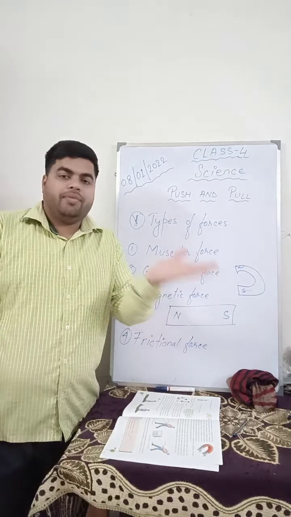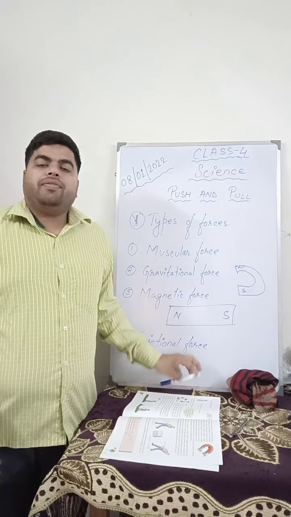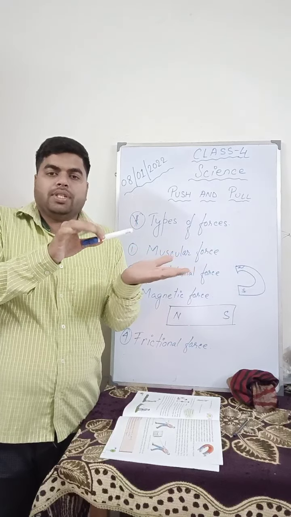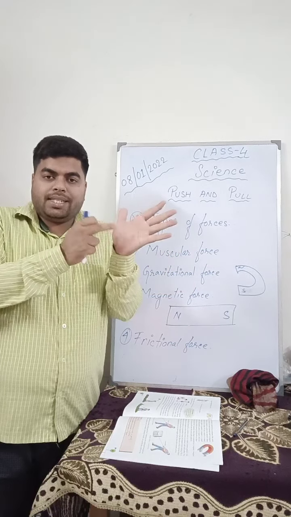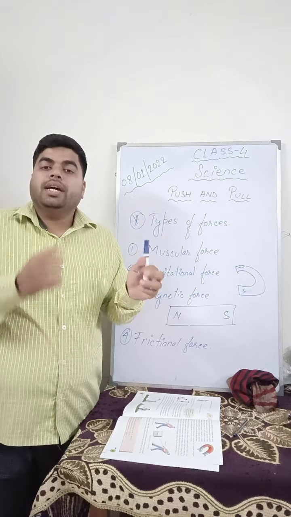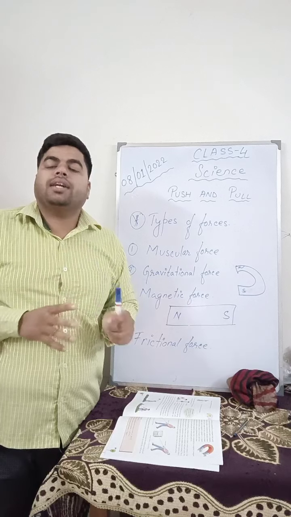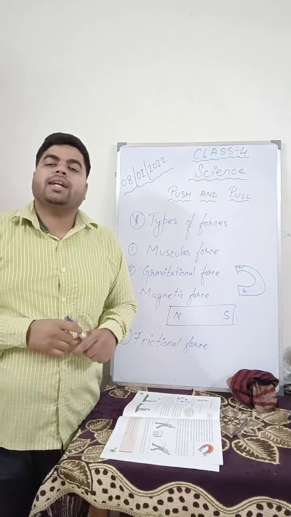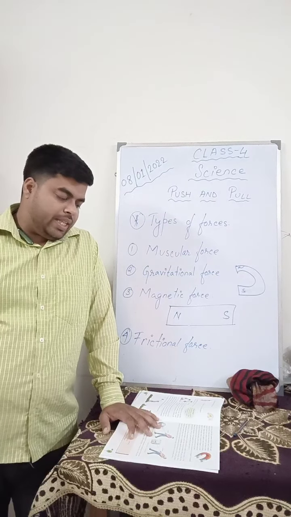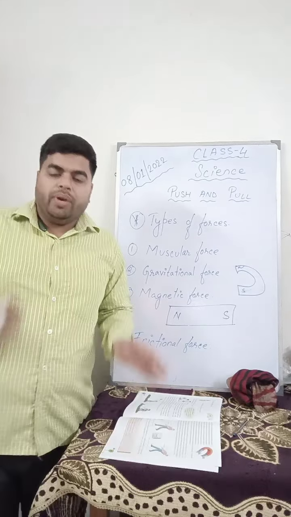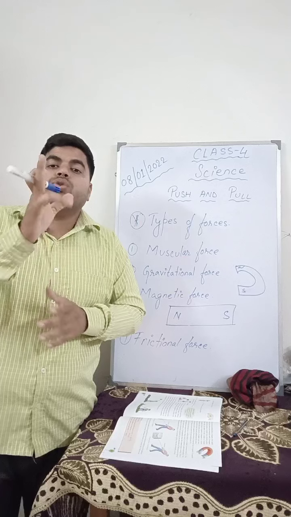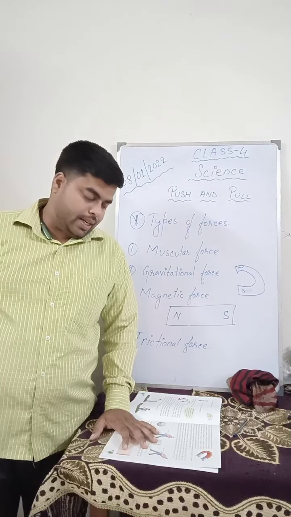Suppose you move an object on top of my hand or any plane surface, the two surfaces when they come in contact produce a force that is known as frictional force. This force develops between two objects when they come in contact with each other.